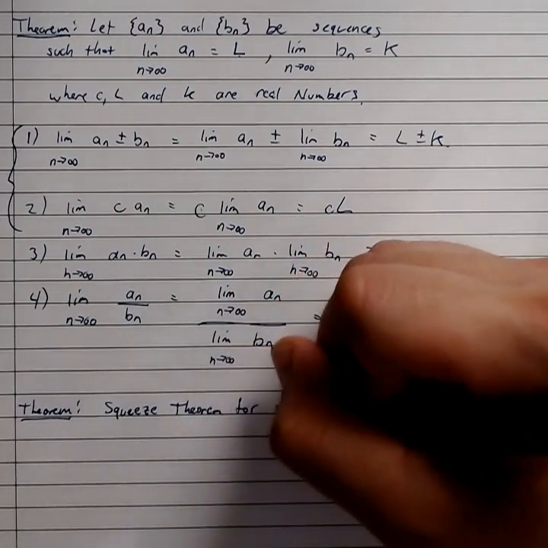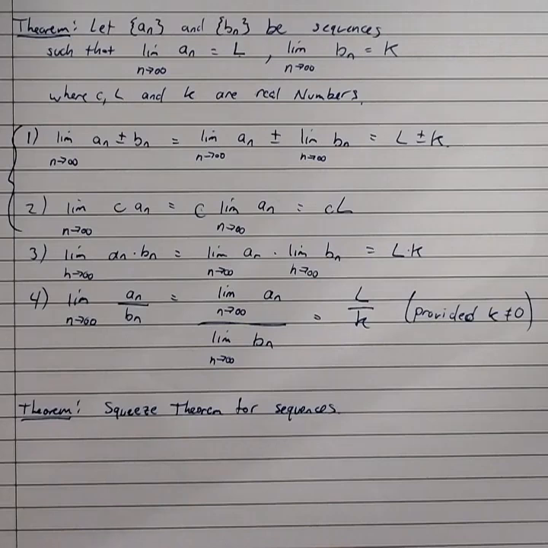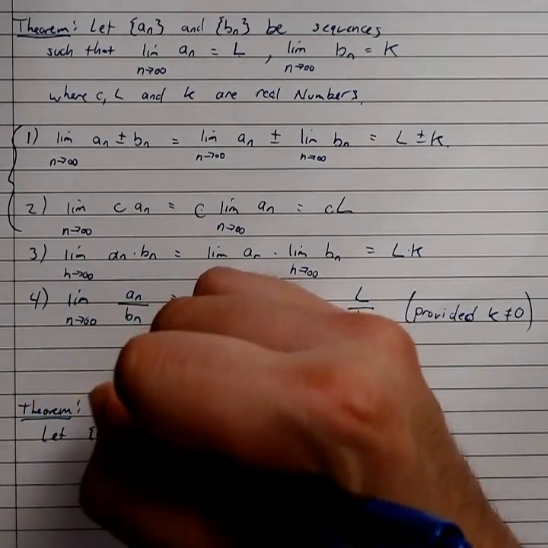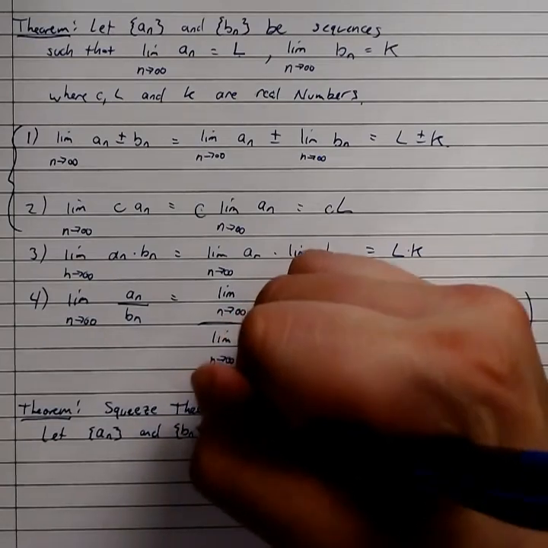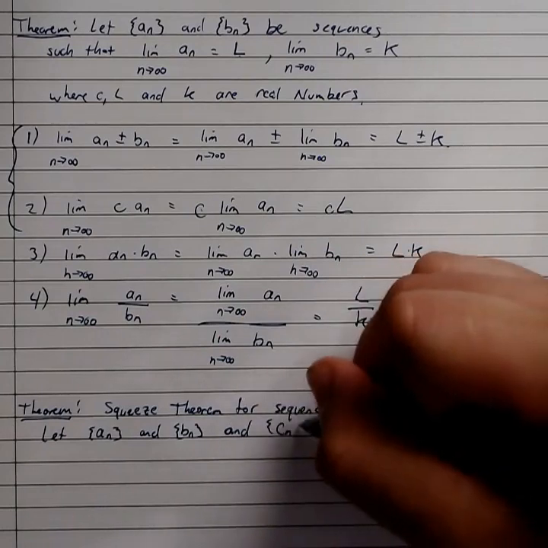The squeeze theorem for sequences. The squeeze theorem says, let's begin with a couple of sequences. Let a sub n and b sub n and c sub n, so it's not a couple, we're going to have 3 sequences.